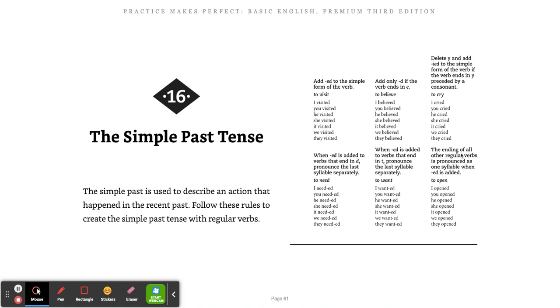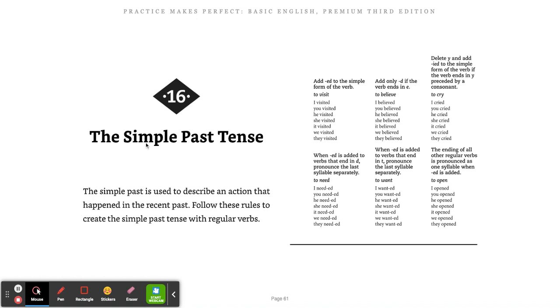The ending of all other regular verbs is pronounced as one syllable when ed is added. So, for example, the simple verb open, to open.